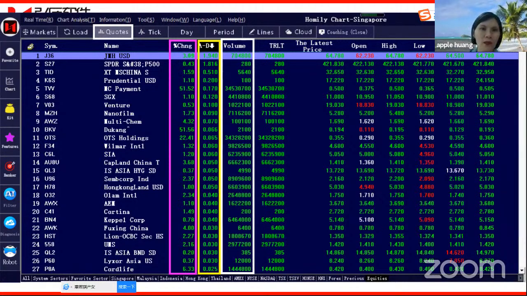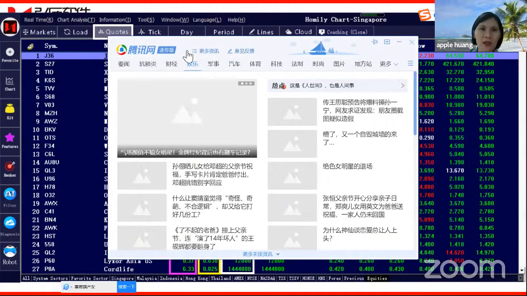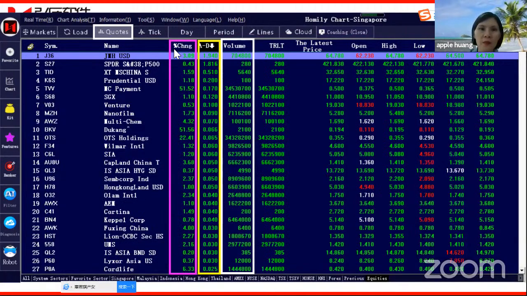All right. So percentage of change is today's present price compared to yesterday's close price, divided by yesterday's closing price. So the higher the percentage of change, the more it shows the stock is a top mover in the pool.